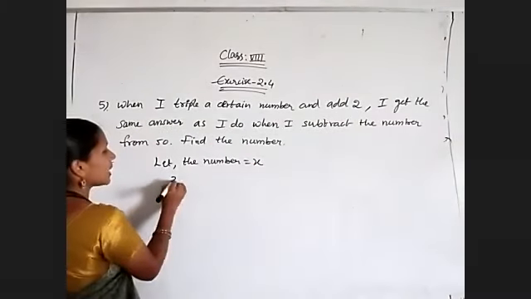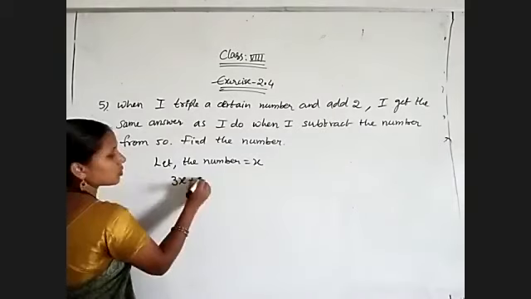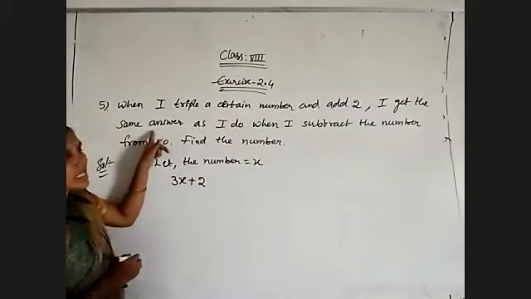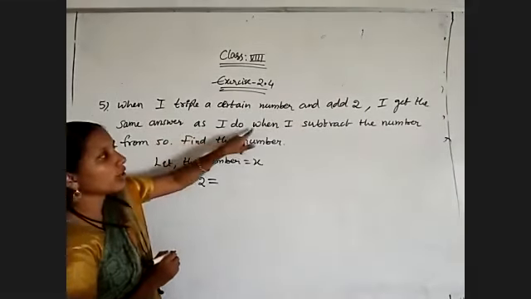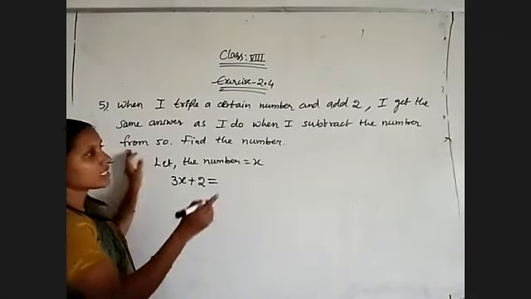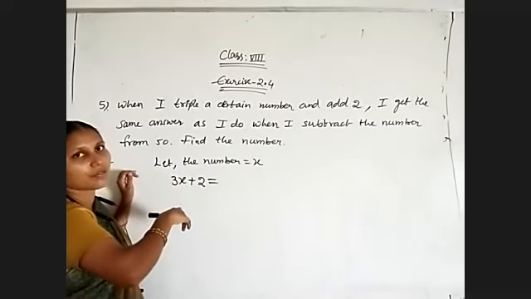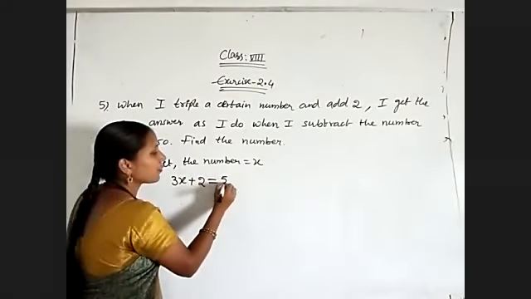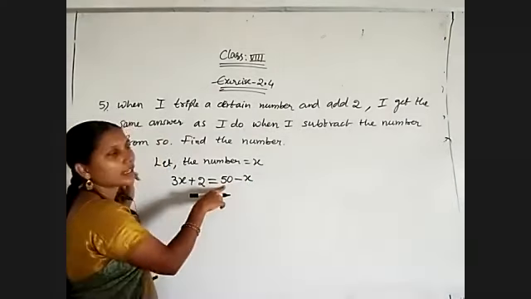That is 3x plus 2. I get the same answer means equal to, as I do when I subtract the number from 50. Whatever number I have, that one I need to subtract from 50. That is 50 minus x.